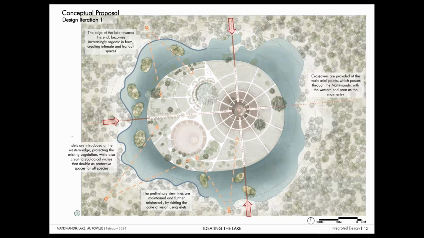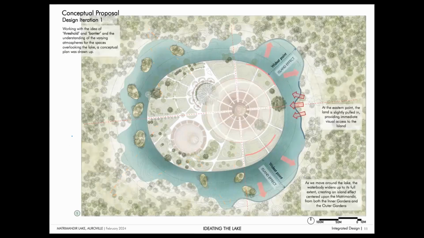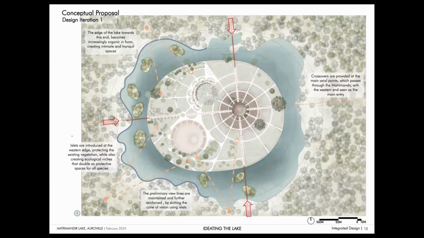As one moves from the eastern to the western edge, the edges of the lake, if you see the difference as the progression happens here, the western edge starts becoming increasingly organic, a lot more natural and tranquil in the kind of spaces that are getting created.